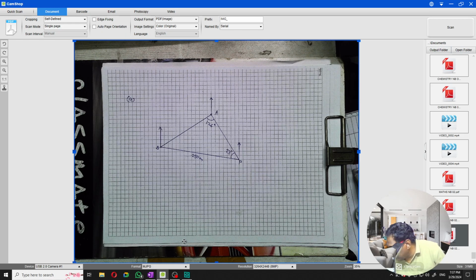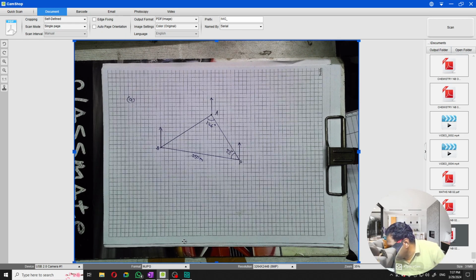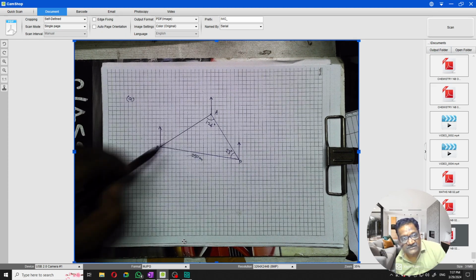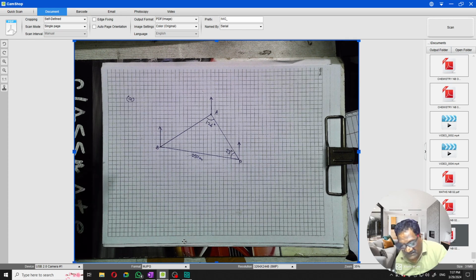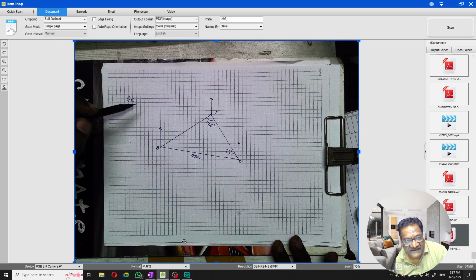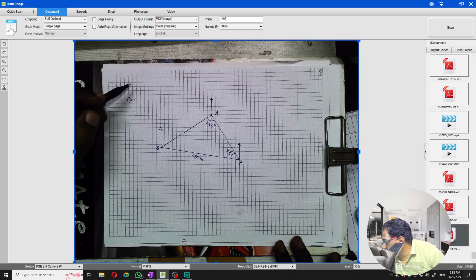If you want to calculate the length of the road AB, what can be done? In this triangle APB, you can use the sine rule. And for the sine rule, what are the requirements? Two sides and a non-included angle should be given to you. Have they given you two sides and a non-included angle?